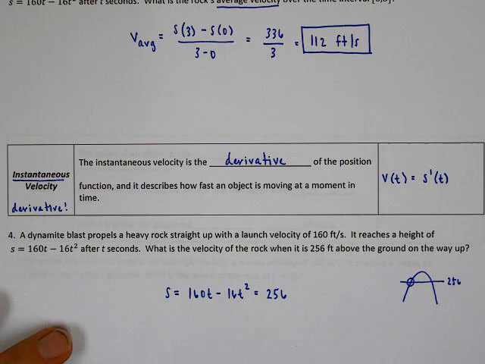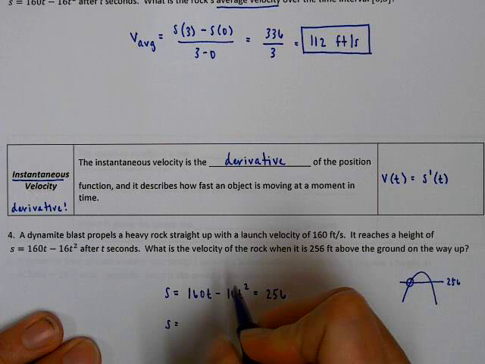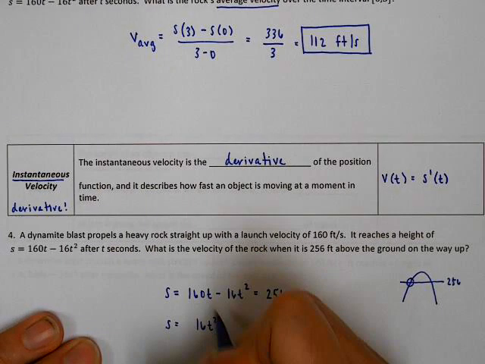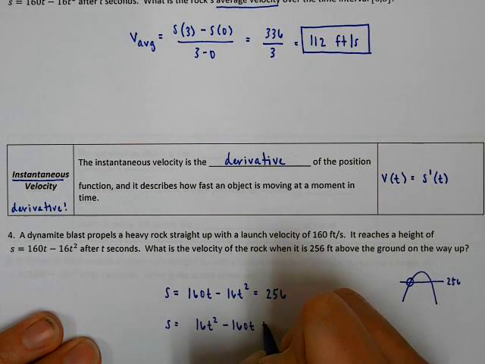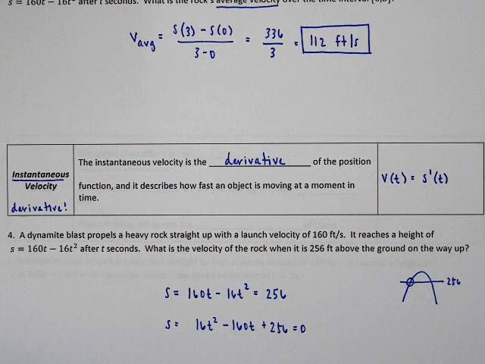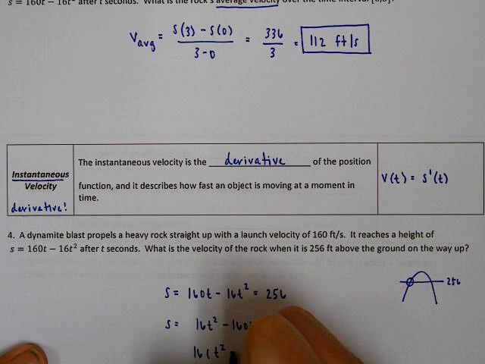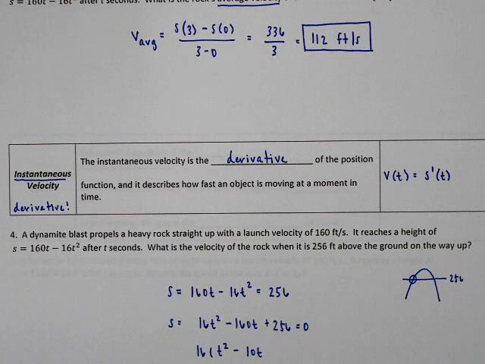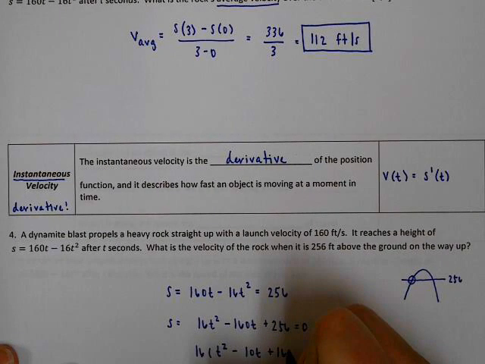So if I'm going to factor this, I want to set it equal to 0, so I'm going to move this over. I have 16t squared, I just want to make that positive, minus 160t, and then plus 256 is equal to 0. Now hopefully, if we're lucky, we can factor out a 16. So that's going to be t squared minus 10t, and 256 divided by 16 gives me a positive 16.